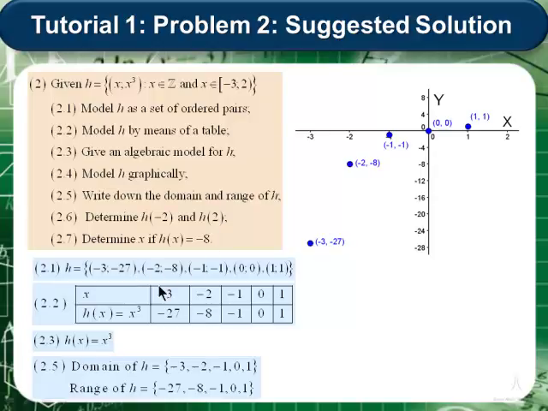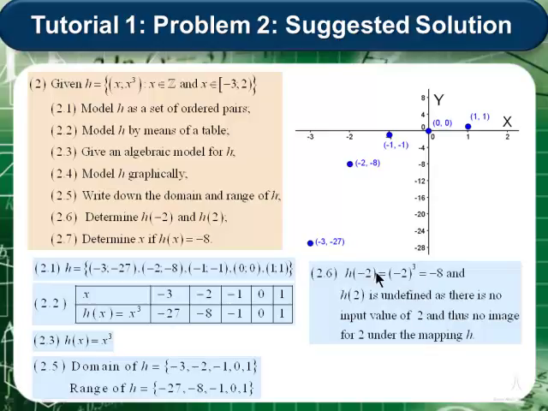You can see it again from all the various models. So h of -2 is (-2) to the power 3, which is -8. So you can see I've used my algebraic model to calculate this. H of 2, of course, is undefined for the simple reason that the value 2 is not part of the domain, and therefore there is no corresponding output.